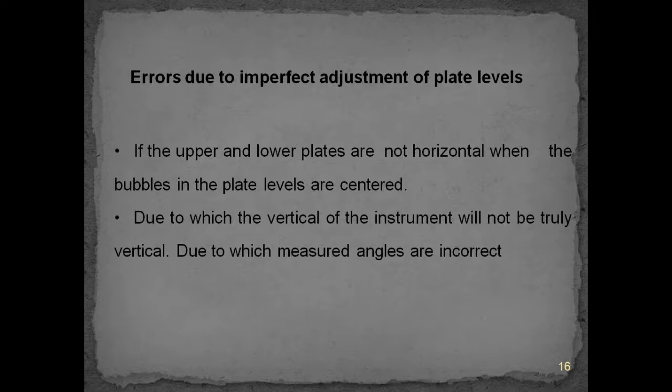Even though the plate bubble is centered using the foot screws, the upper and lower plates are not horizontal. In that situation the vertical axis of the instrument will not be truly vertical, due to which the measured angles are not correct. This is one of the instrumental errors.